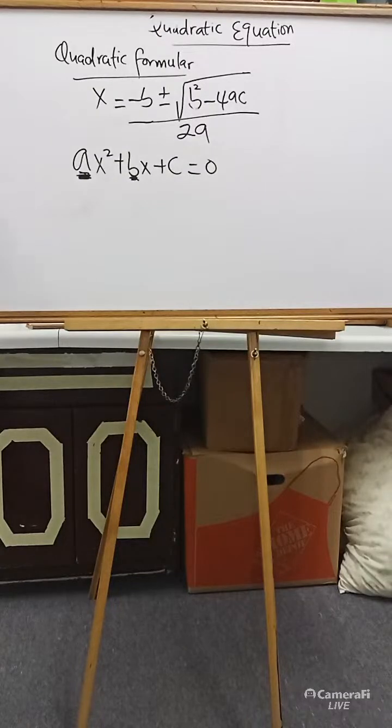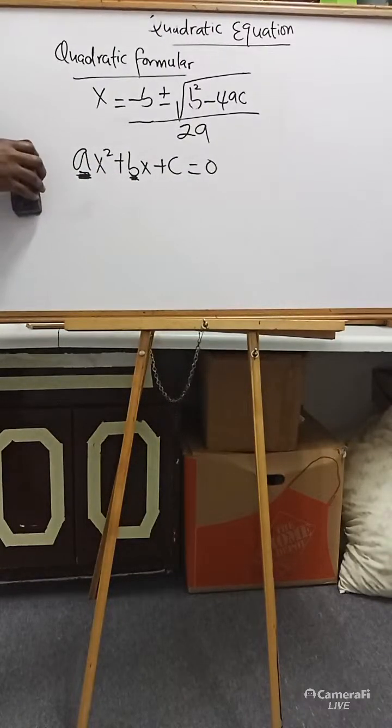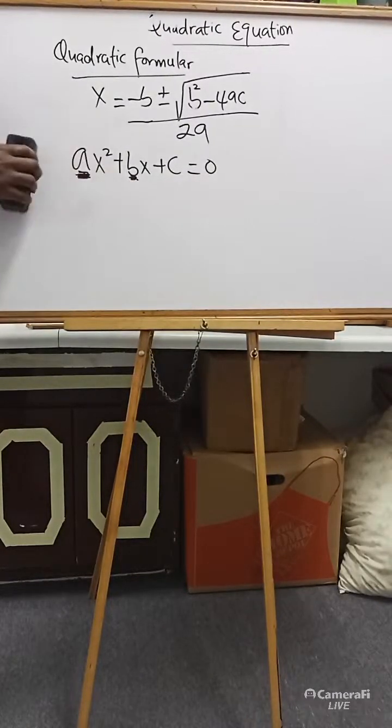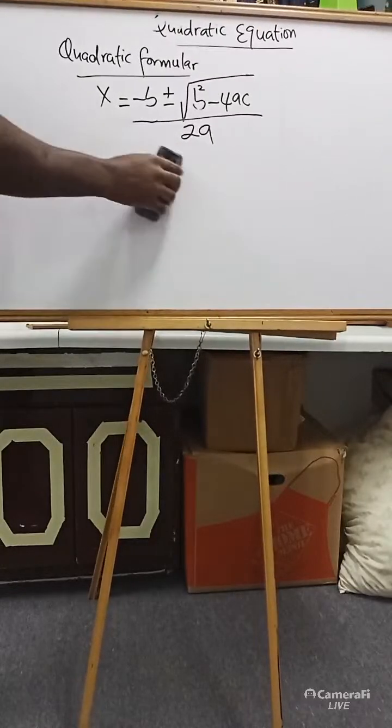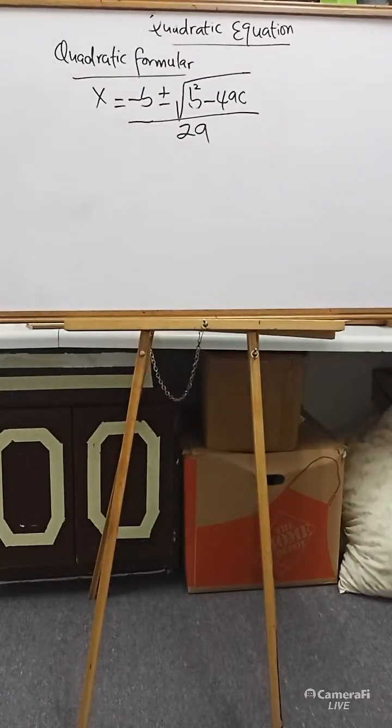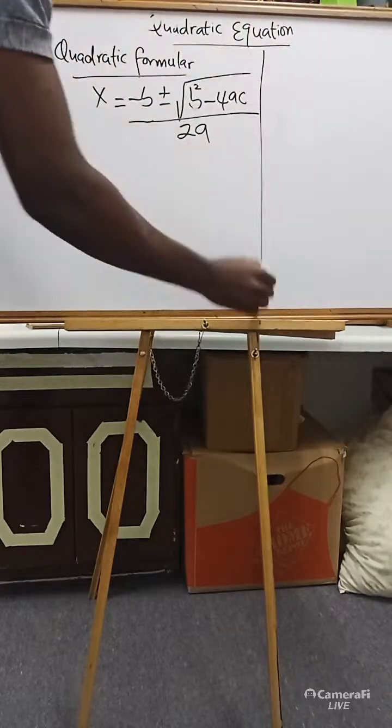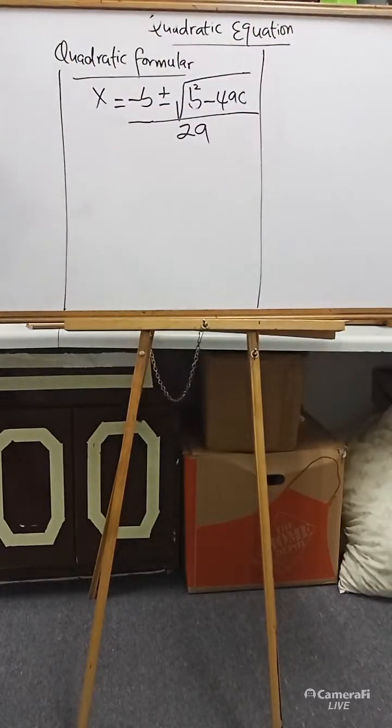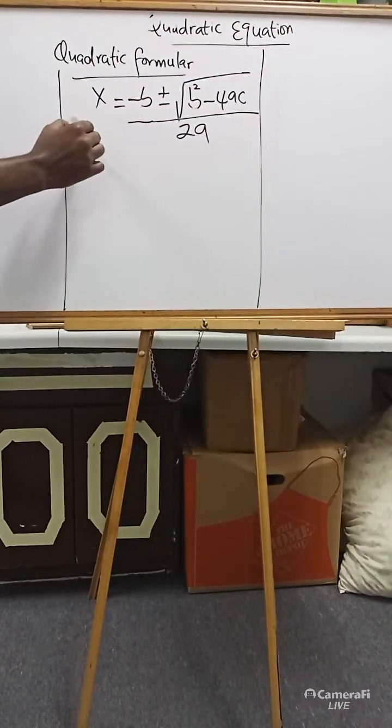So I'm going to use this formula to solve some of the previous examples we've solved initially. So I clean this and I'm going to leave this. So example 4.